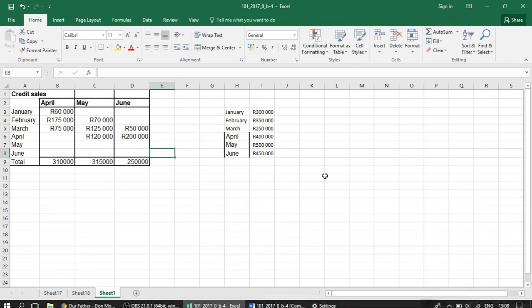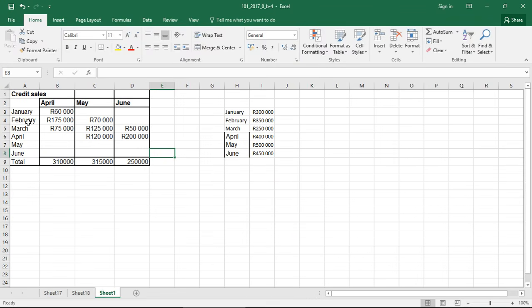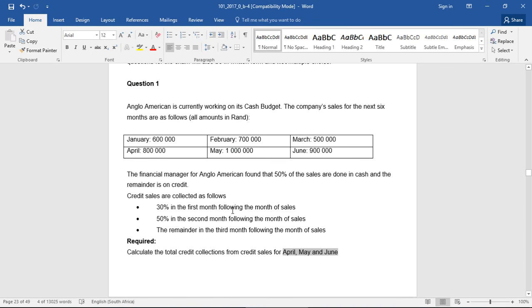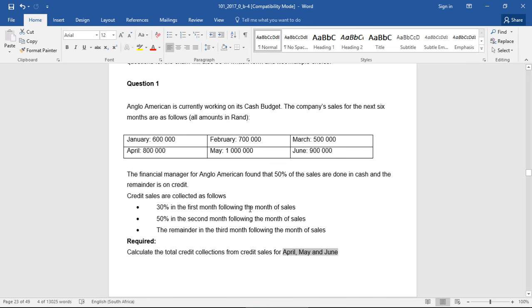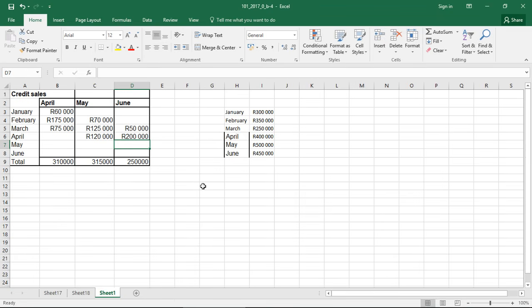And that's how it always works with the debtors collection schedule or credit collections. So now we'll move on to the next month. We know that 30% will be collected in the first month following the month of sale. So nothing in May will be collected in May of the credit sales. The first installment will be collected in June, because it says in the first month following the month of sale.